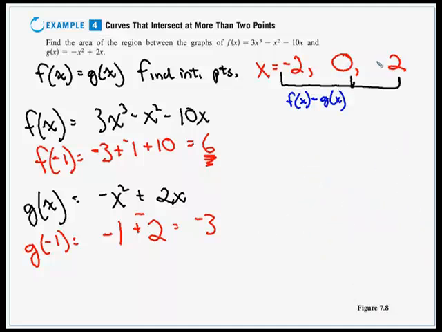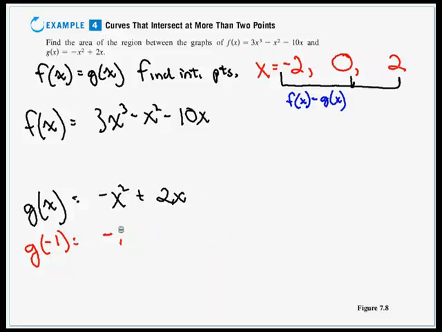So now between 0 and 2, we got a nice easy value to look at. That would be positive 1. So we evaluated f of negative 1 and g of negative 1. Now we're going to do the same thing to positive 1, because in this interval is positive 1.